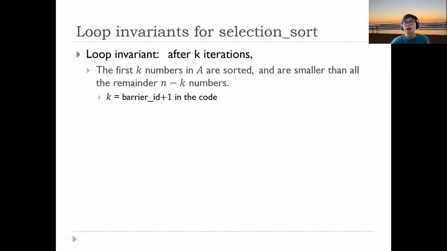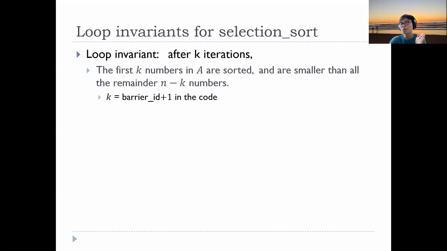So finding the right loop invariant is often the key in using loop invariants to prove the correctness of an algorithm. On the other hand, the idea is quite natural. To prove something is correct, you think that the algorithm is working in stages.